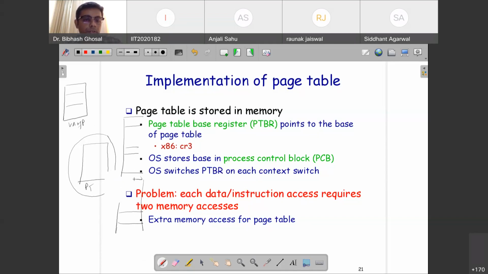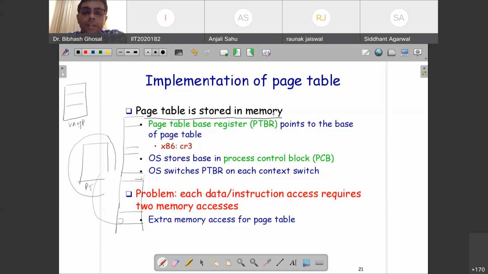So this page table, where do you hold that? Well, you hold it here. So the page table is stored in the memory itself.